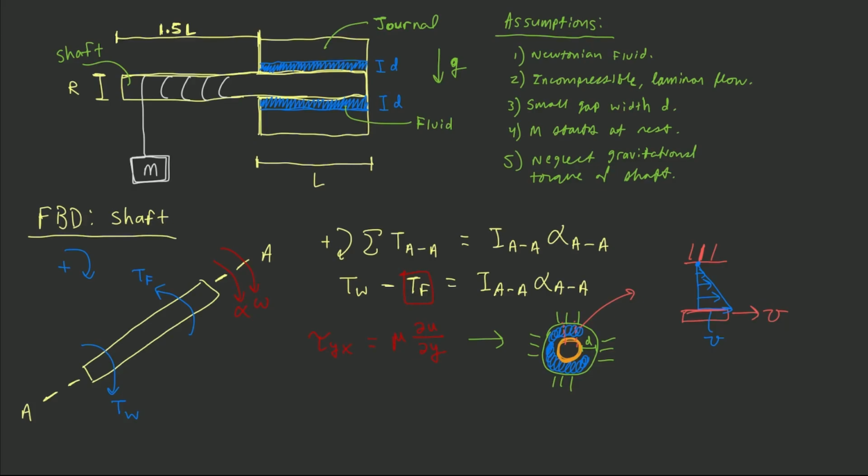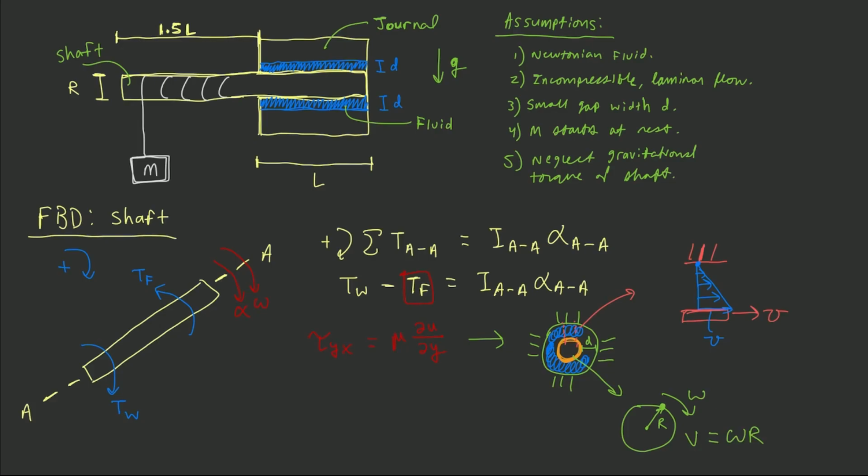Well, we know that the shaft itself, right here, is spinning with some angular velocity omega, right? So let's break out our shaft right here. Our shaft is spinning with some angular velocity omega, and it has a radius r. So a point at the very outer rim of this shaft is moving with velocity v equals omega r.